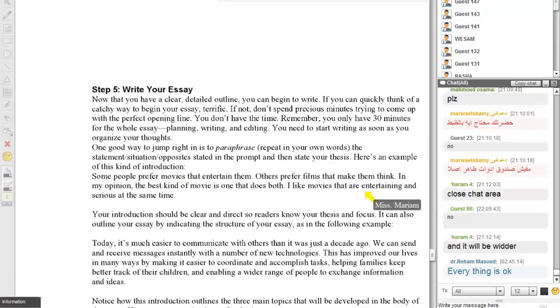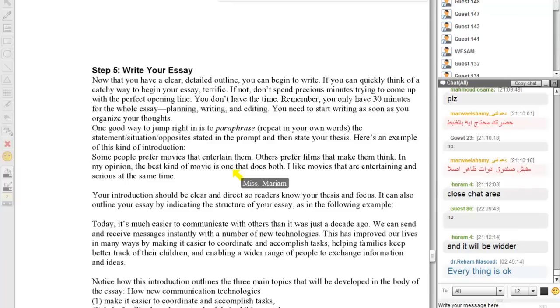Explanation: I like movies that are engaging. Like today, it's much easier to communicate with others than just a decade ago.